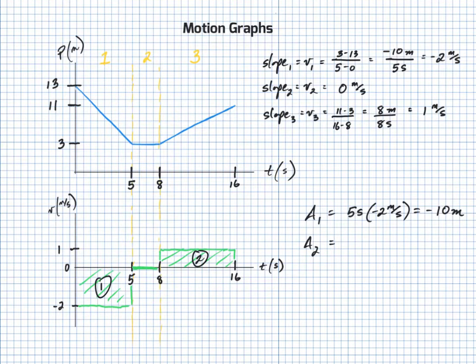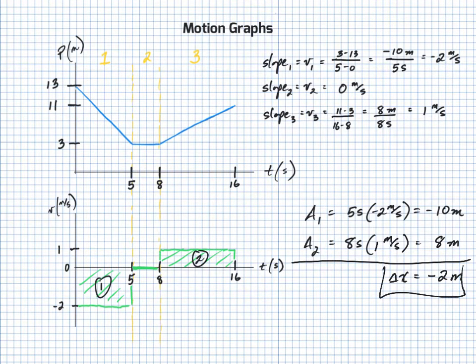Now for area 2, our base is 8 seconds, and our height is just 1 meter per second. So if we calculate that out, we get 8 meters. And now we can just add these two areas up to get our displacement. So that displacement is going to be negative 2 meters.